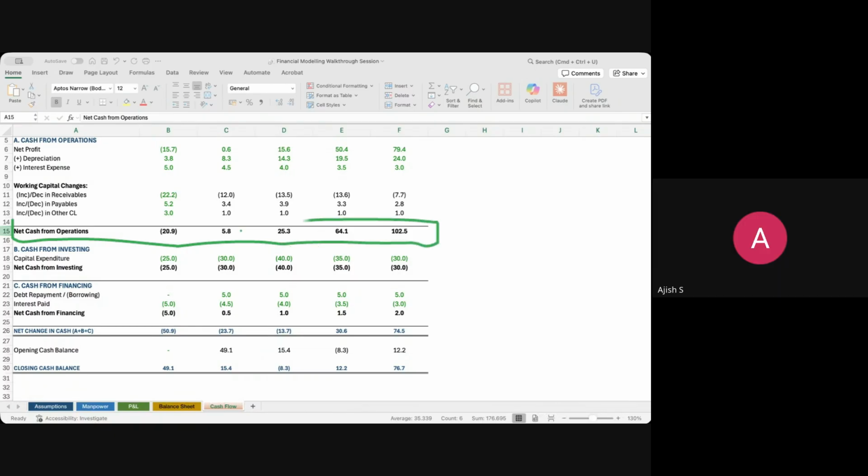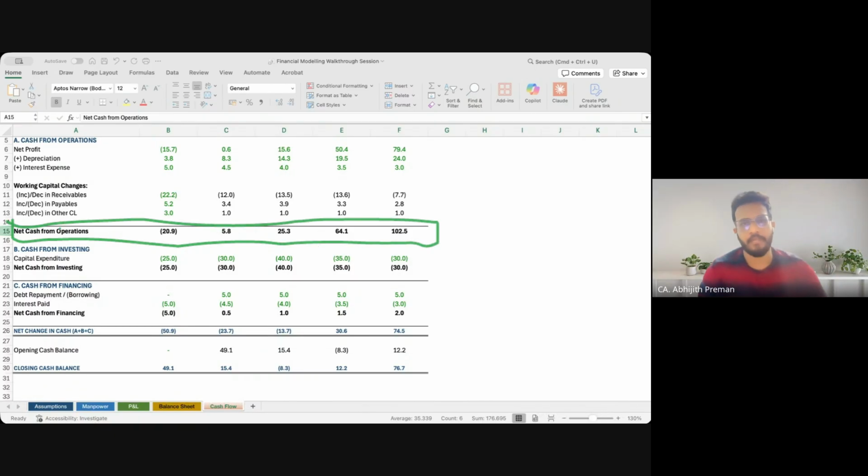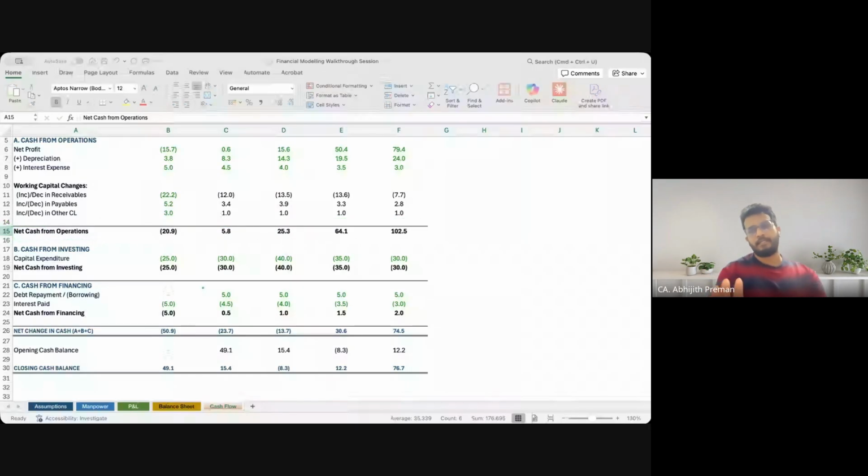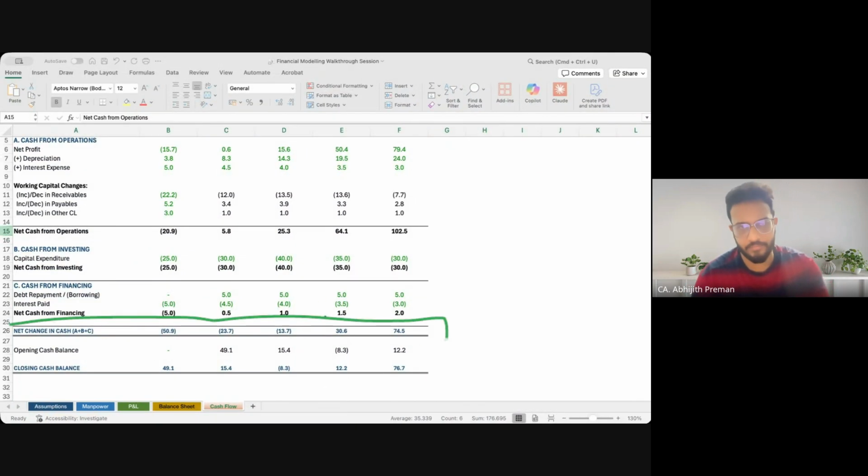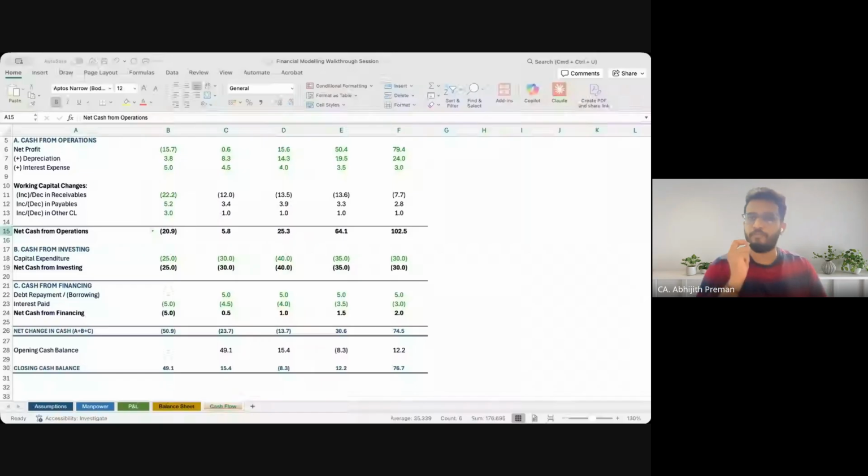In second year it's 5.8, it's cash flow positive, like that. I mean that's the basic thumb rule. But the sum total of these three is the actual cash flow. But from an investor perspective or from a business perspective, the primary aim should be to make your cash flow from operations positive.